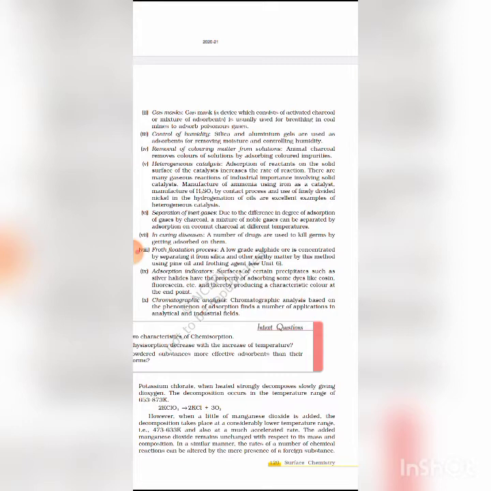Chromatographic analysis is also based on the phenomenon of adsorption and finds a number of applications in analytical and industrial fields.